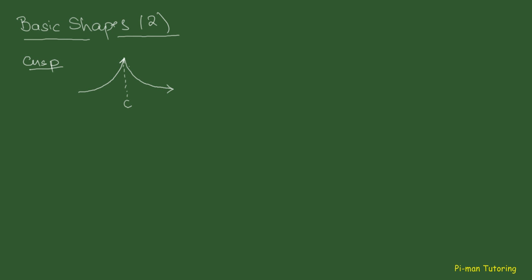And so this point here where the curve abruptly changes is a critical point. If you try to find the derivative of such a function at that point, you would find that it does not exist. The function is not differentiable at a cusp.